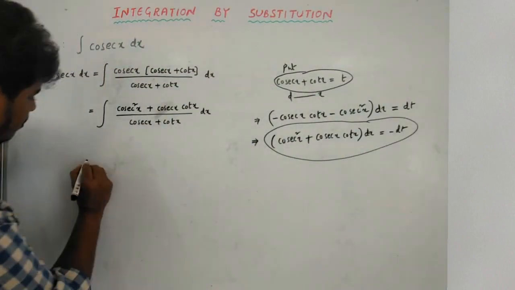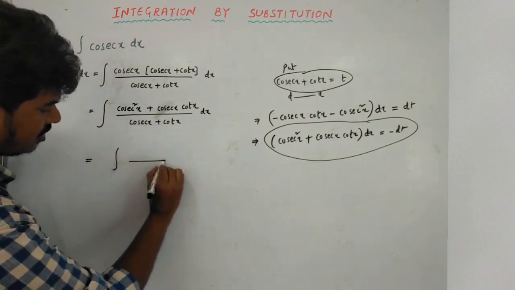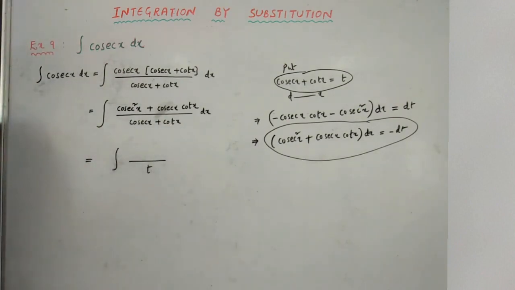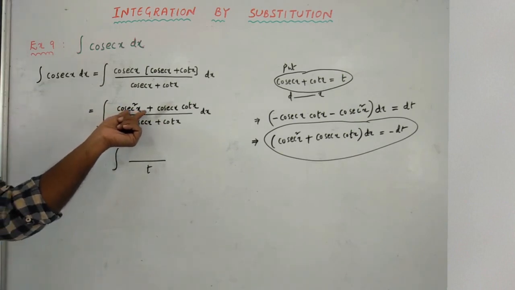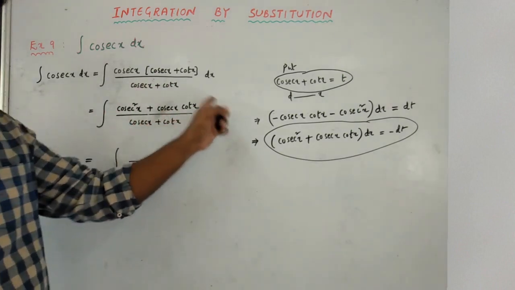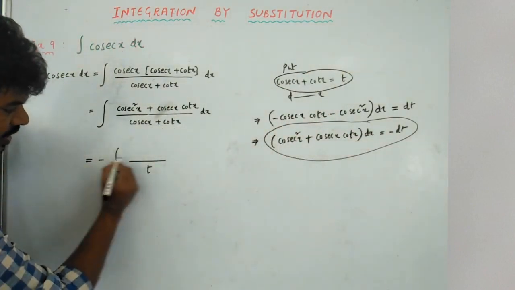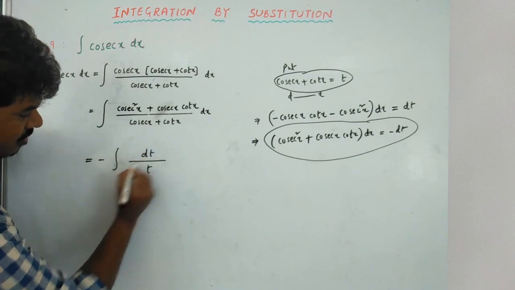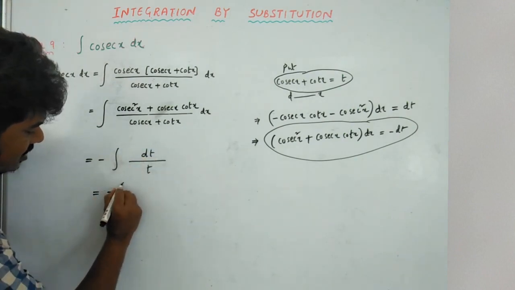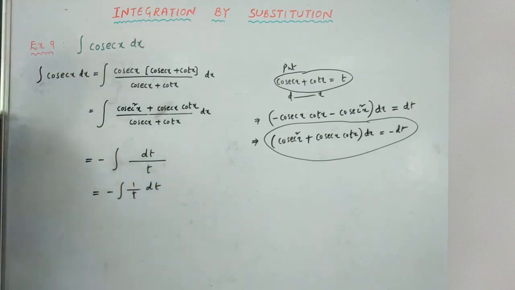So this is equal to minus the integral of 1 by t dt.